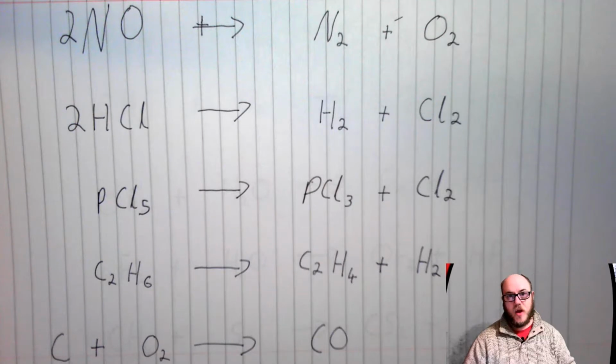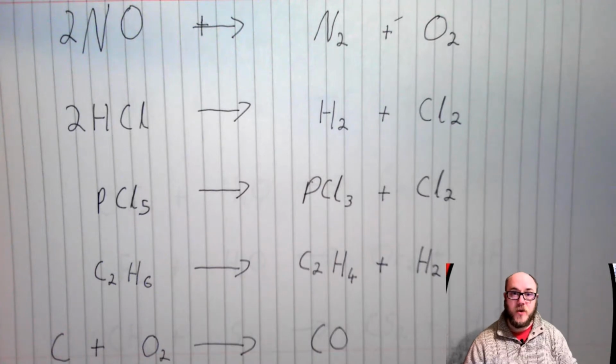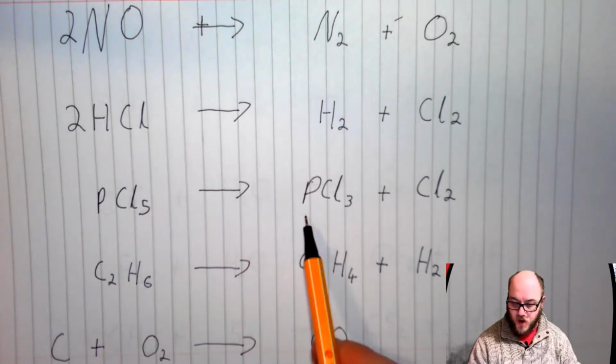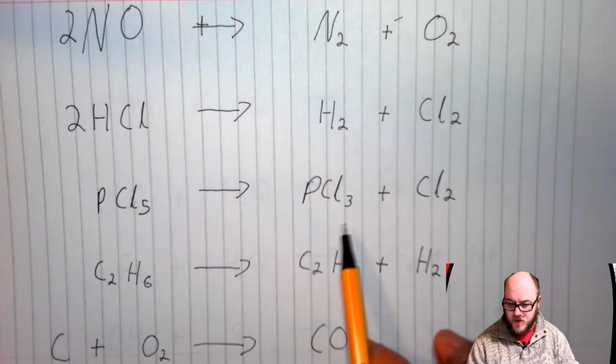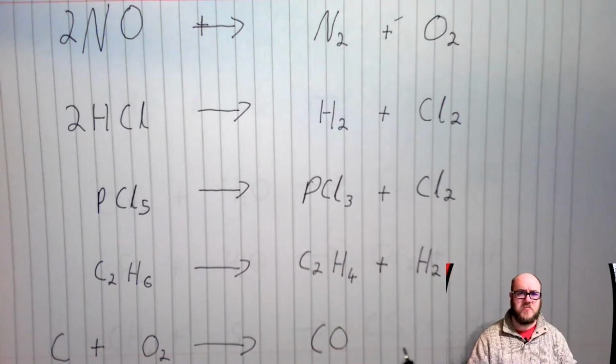What about the third one then? Now, at first glance, this might seem really tricky, but it isn't. If you do the audit of elements to start with, we have 1 phosphorus here, and we have 1 there. We've got 5 chlorines over here, we've got 3 chlorines here, and 2 chlorines here. So if we add those together, we've got 5 chlorines and 1 phosphorus.